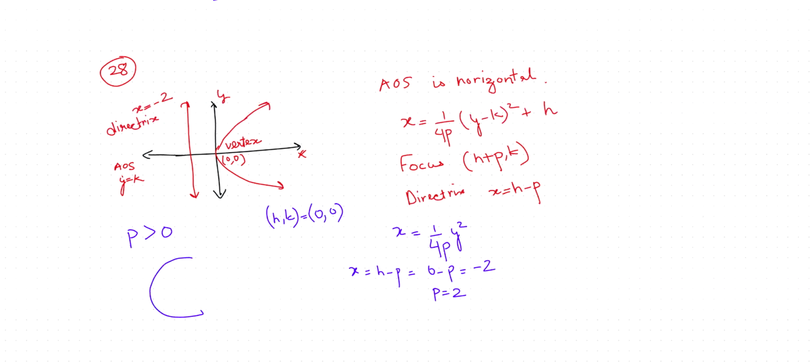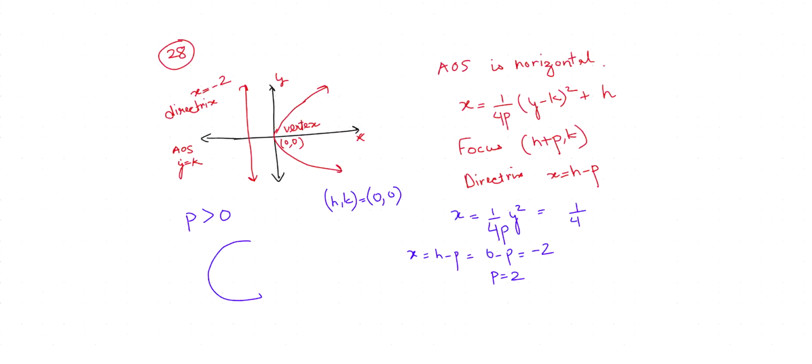So now we'll put the value here. We'll put the value p is equal to 2, and this is y square.